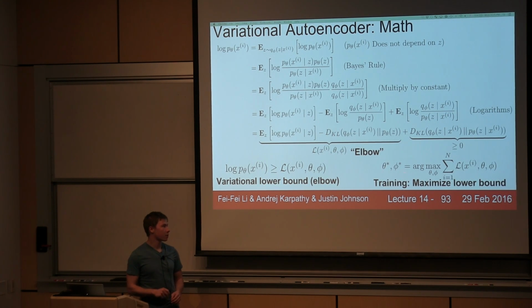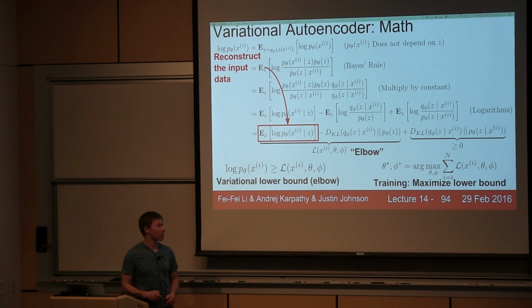So now, instead of trying to directly maximize the log likelihood of our data, we'll try to maximize this variational lower bound of the data. And because this ELBO is a lower bound of the log likelihood, maximizing the ELBO will also have the effect of raising up the log likelihood instead.